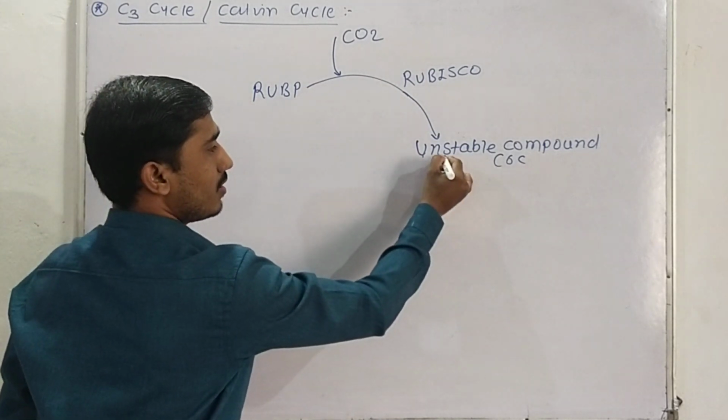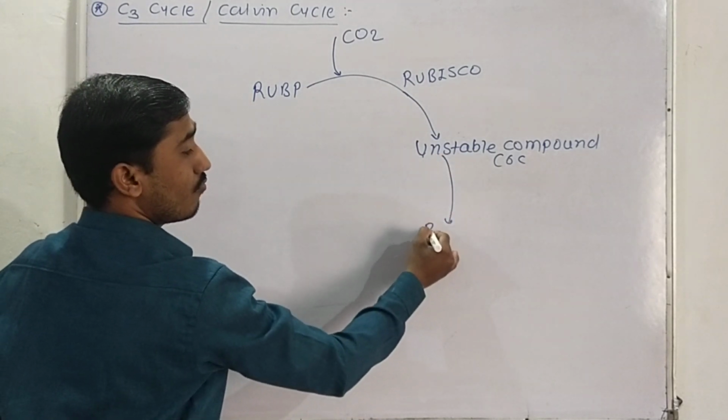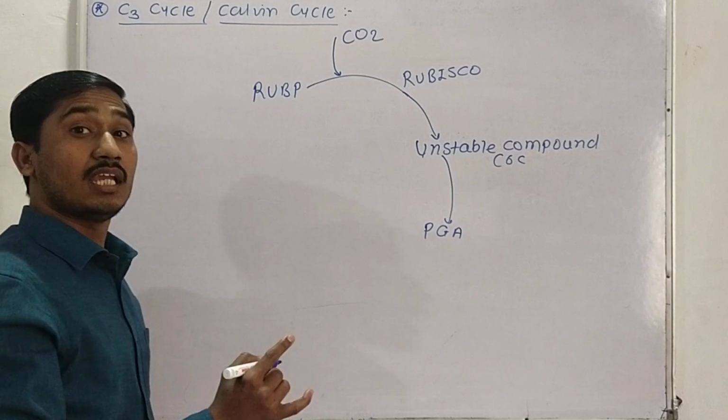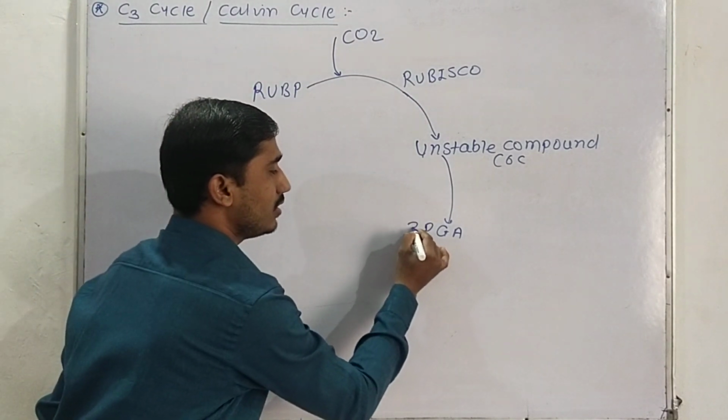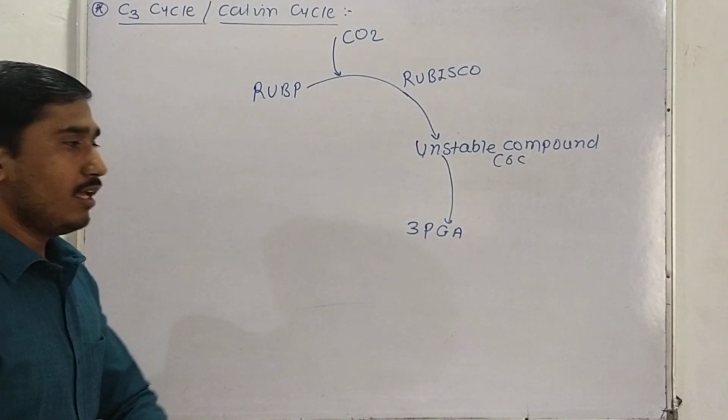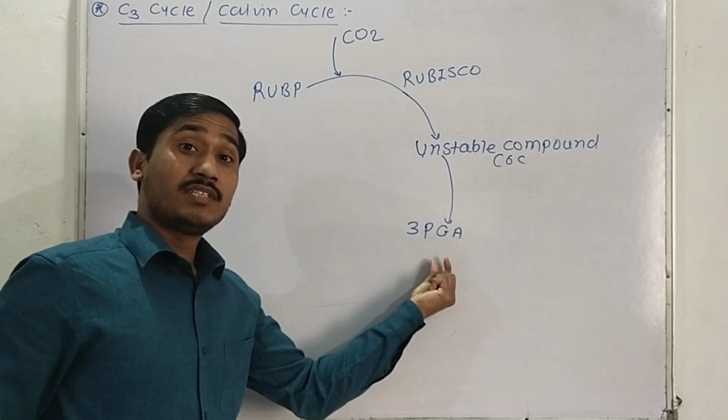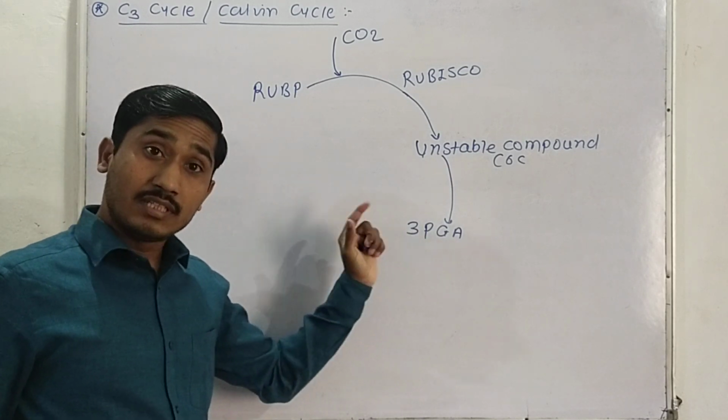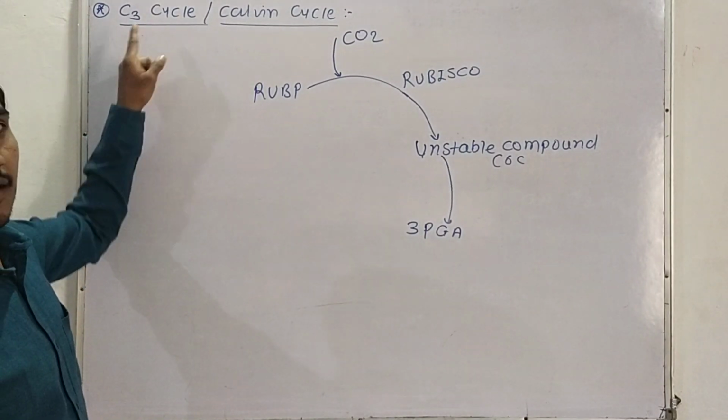Immediately this unstable compound is converted into the first stable product of the Calvin cycle, that is 3-PGA. The first stable product of the C3 cycle is a 3 carbon compound, that's why the name is C3 cycle.